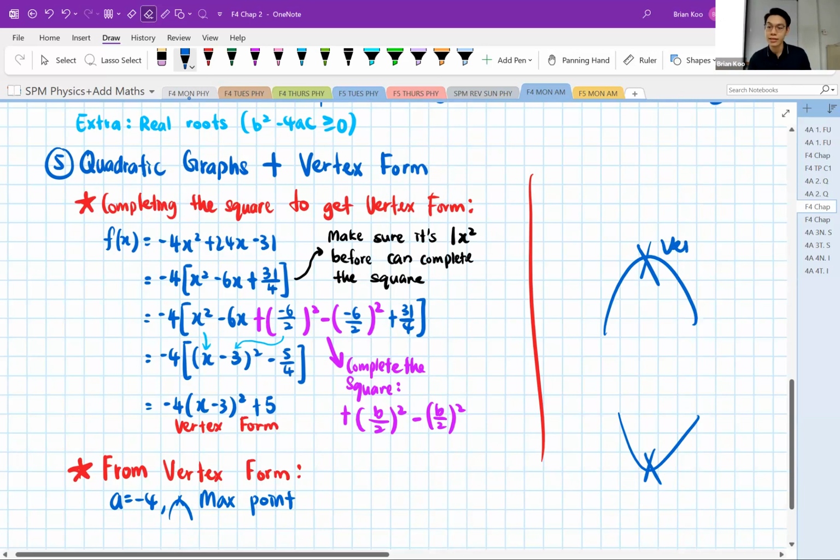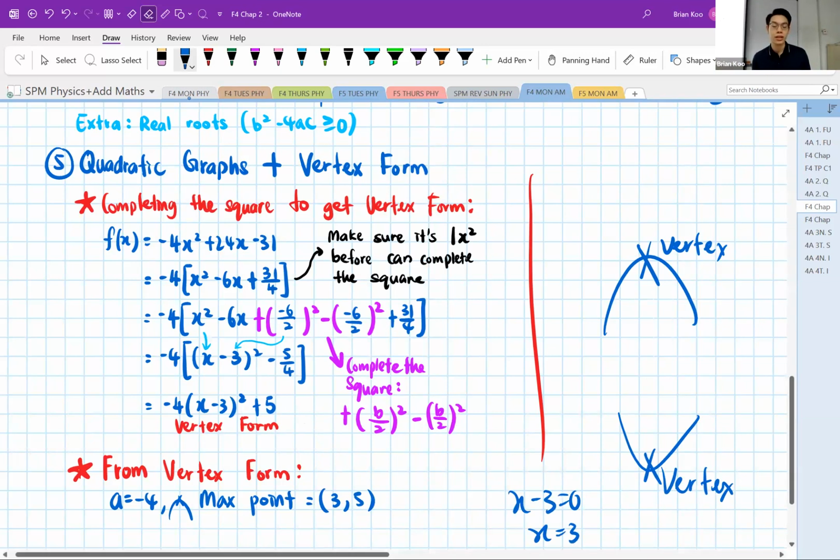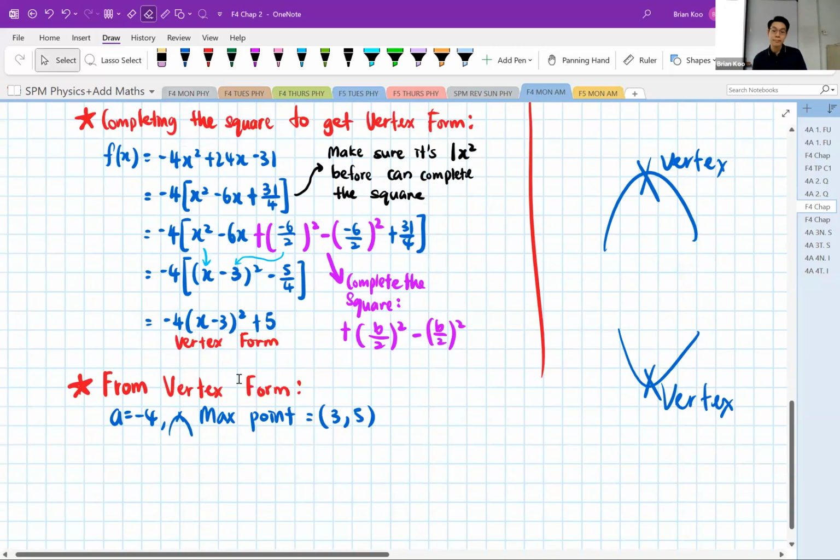That is vertex. I hope you all know the vertex is 3, 5 from this example. Not negative 3, it's positive 3. Remember, you have to do your x minus 3 equals 0, x equals 3. So maximum point.